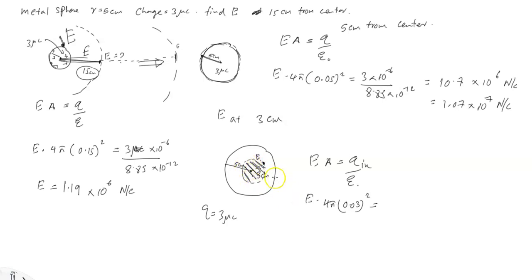Now here's the thing. I told you this is a metal sphere. I forgot to mention the word conducting. Let's assume that this metal is a good conductor. I should have said conducting instead of metal. It's a conducting sphere. Conducting means charges won't remain inside. They are all going to be on the surface.